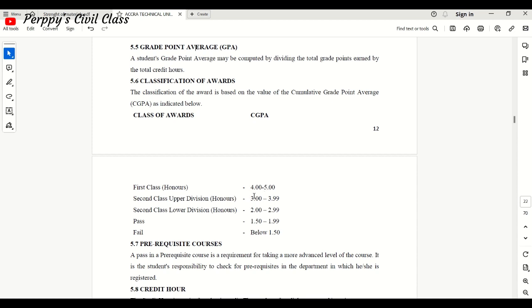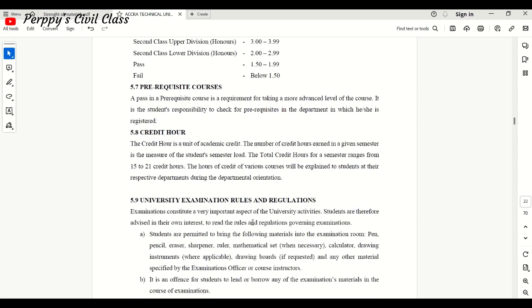If your CGPA is between 3 to 3.9, then you are a second class upper division student. 2 to 2.99, a second class lower division student, and 1 to 1.99, you are a pass student. But below 1.5, automatically you have failed the course and you have to maybe come back the next year. Meaning you are not ready for the course.